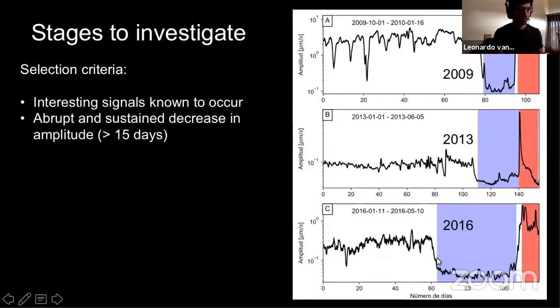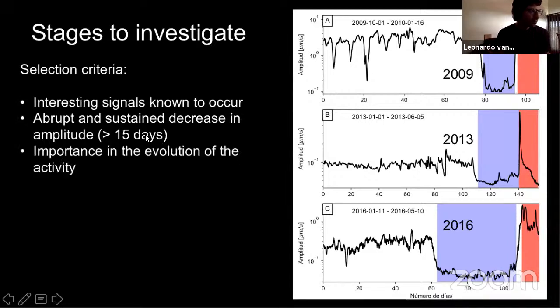We see here an abrupt decrease in amplitude, and then the low amplitudes are sustained for at least 15 days.